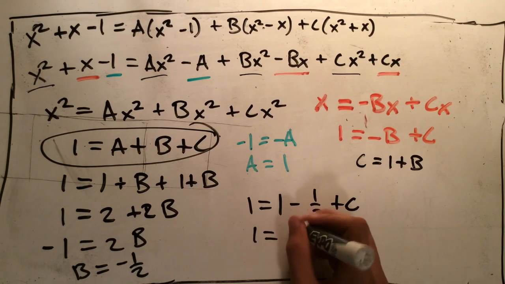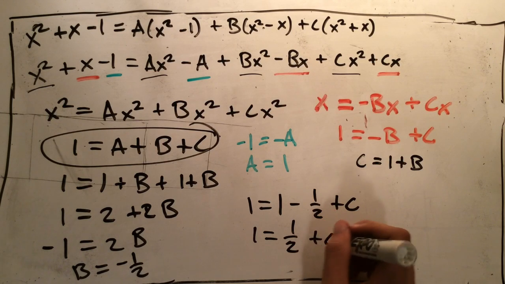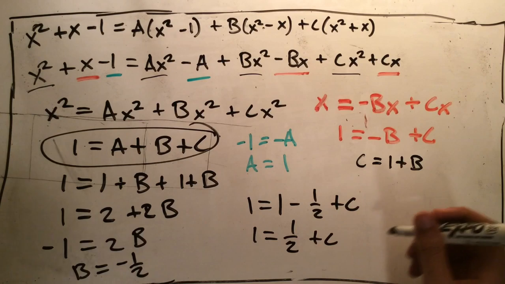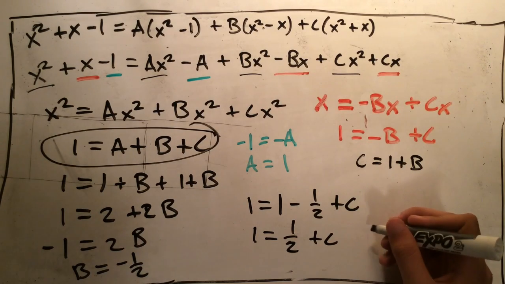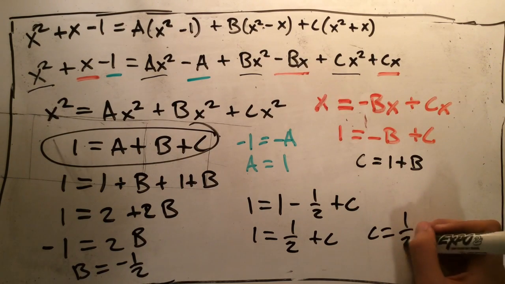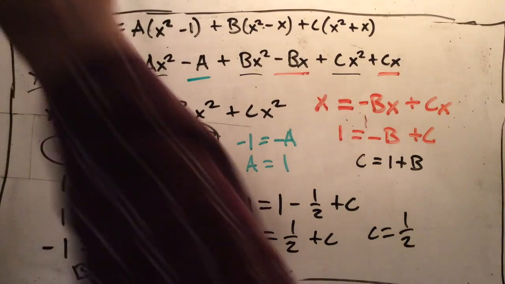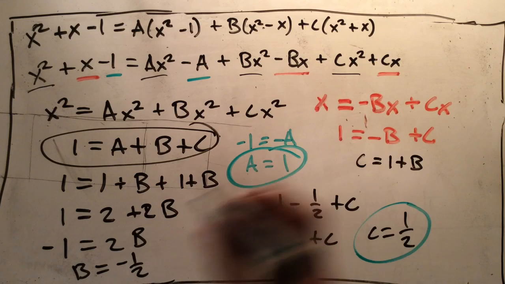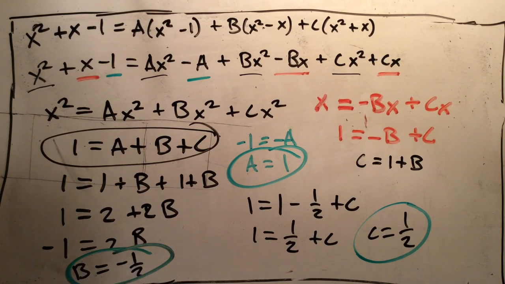So we have 1 equals 1/2 plus c. And then subtract 1/2 on both sides. So 1 minus 1/2 is 1/2. So c equals 1/2. So now we have our c, our a, and our b.